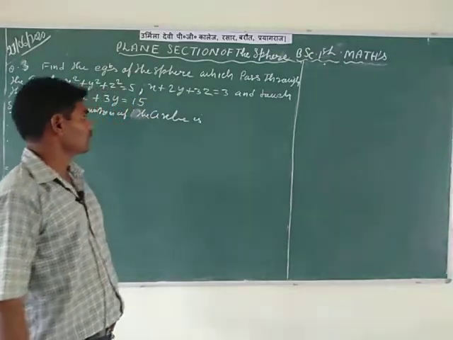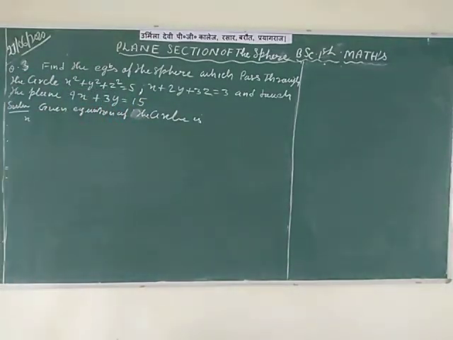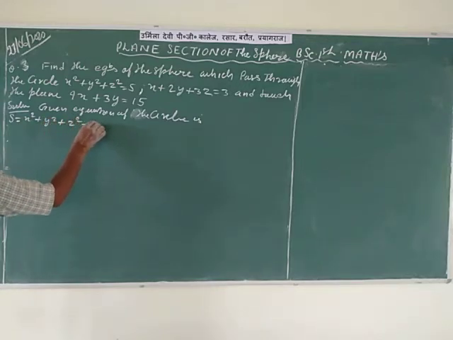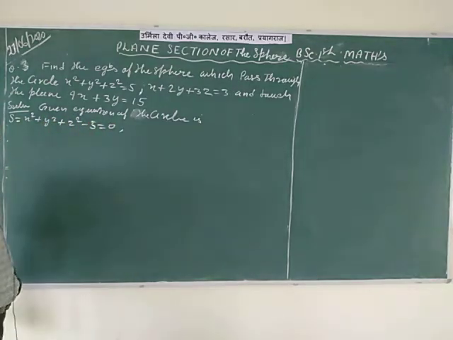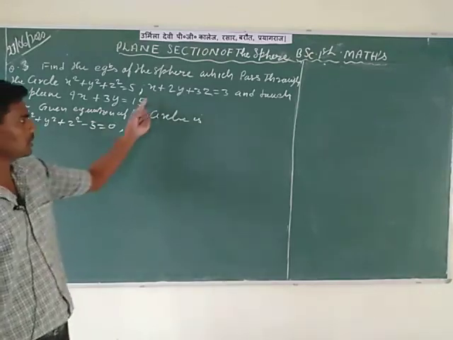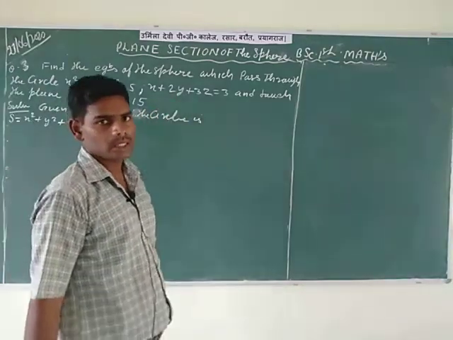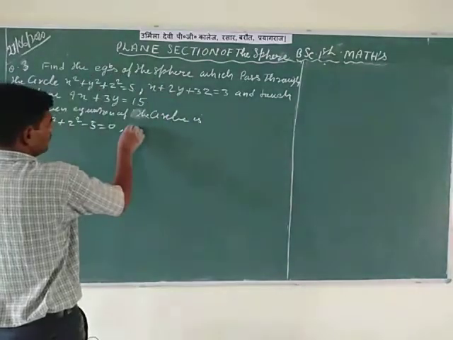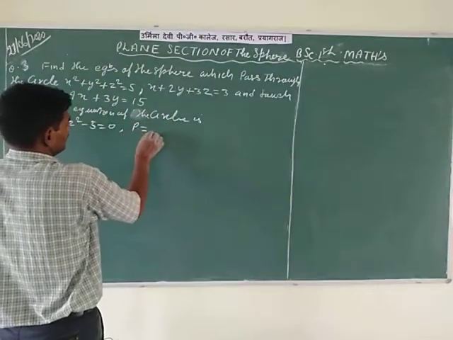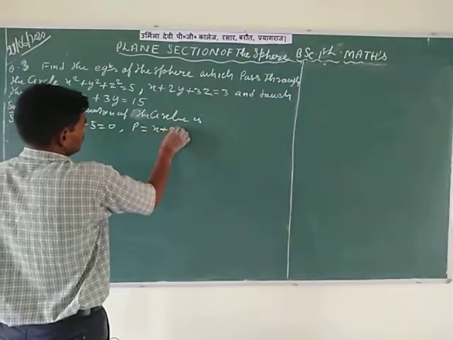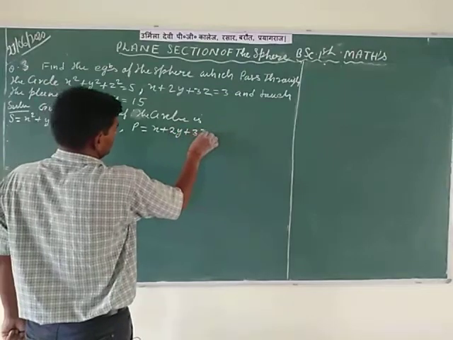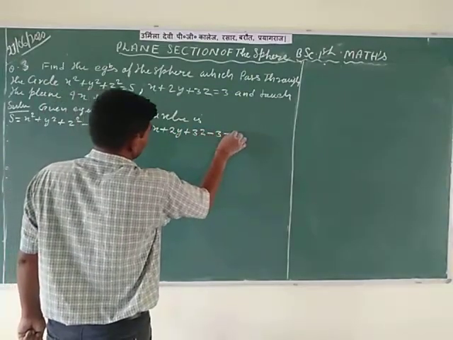So here the equation of the sphere is x² + y² + z² = 5. S is the denotation of the equation of the sphere, x² + y² + z² − 5 = 0. And the intersecting plane equation is x + 2y + 3z = 3, denoted by capital P, the plane equation: x + 2y + 3z − 3 = 0.